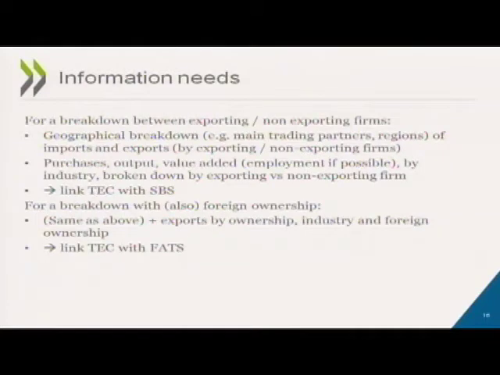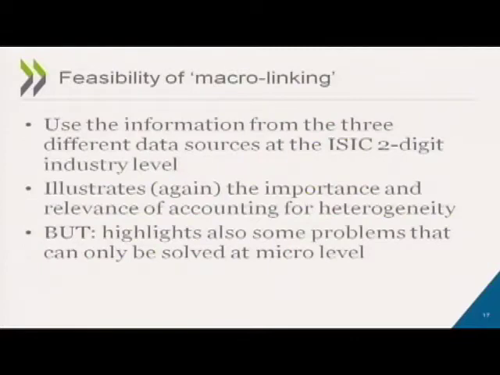So this would require linking the tech data with the SBS, but also with FATS information. So basically, it means that we could theoretically make a breakdown of the supply and use table using existing tech information, using existing FATS information, using data collections, therefore, that are ongoing in many countries or that have been started up in many countries.